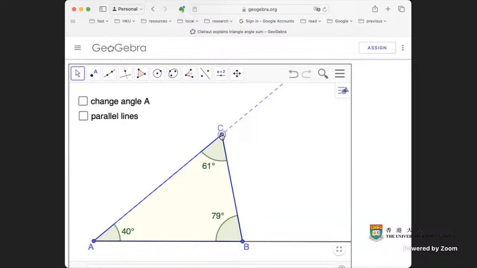Now, if you move it slowly upward, then you will find that this angle C decreased by 1 degree, but angle B will increase by 1 degree. And if you go on to do this further, you can further reduce the angle C by 1 degree. At the same time, angle B is increased by 1 degree.